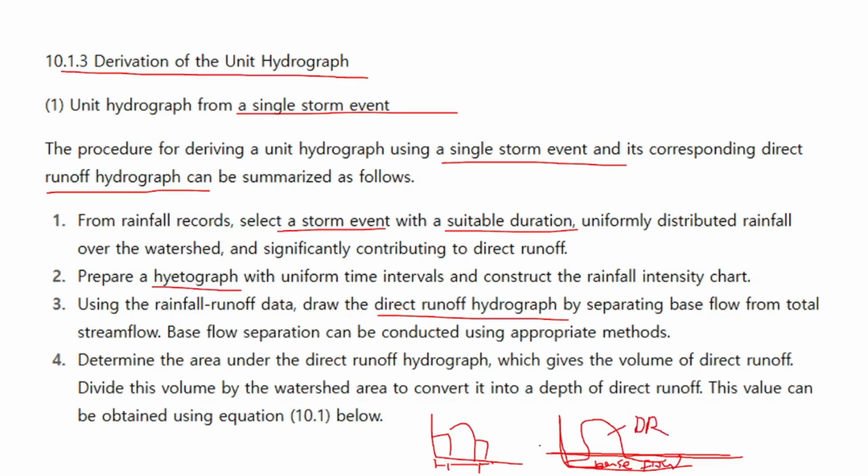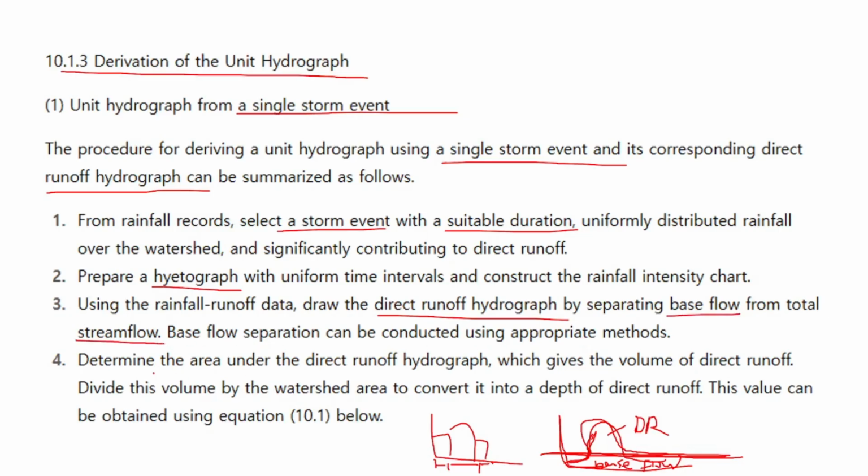And finding this value is, well, it's kind of up to you. You have to see the data, and then you have to find a point where you can separate the rising limb part from where it starts to build up to this curved area. I mean, this method is quite intuitive. You have to do it yourself and try to find the right approximate place to make this separation between base flow from total stream flow.